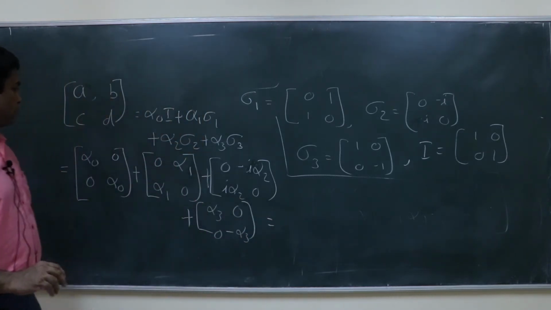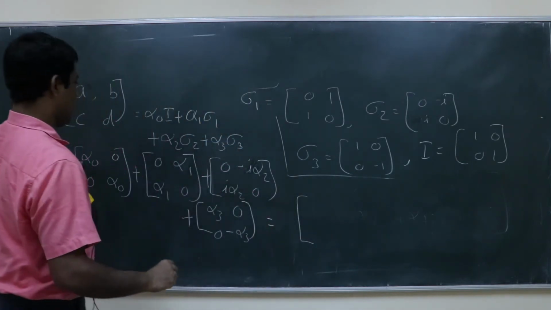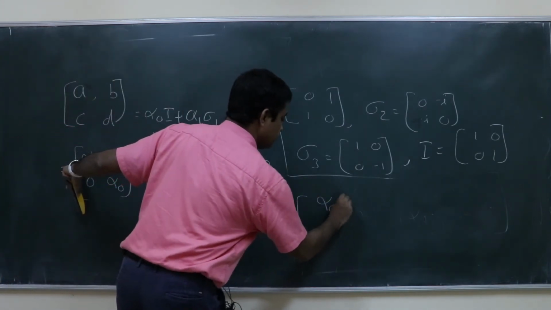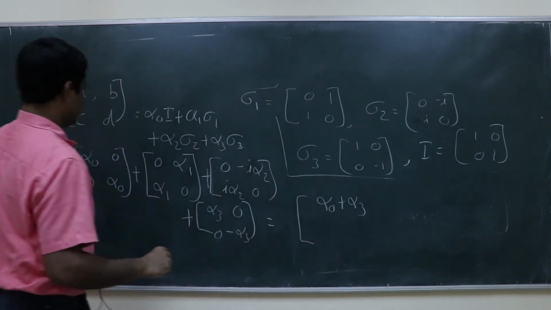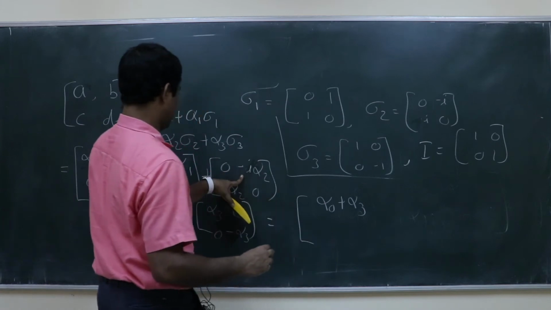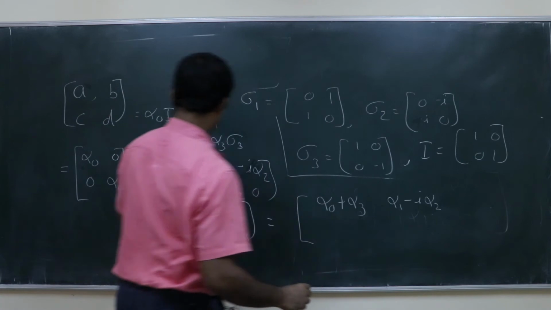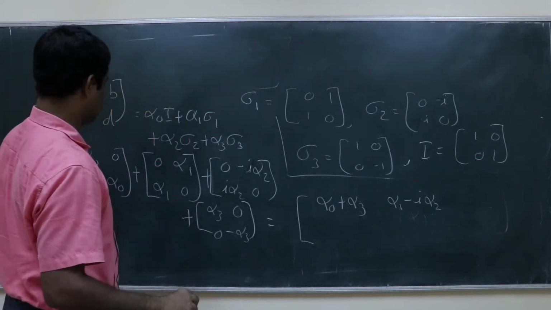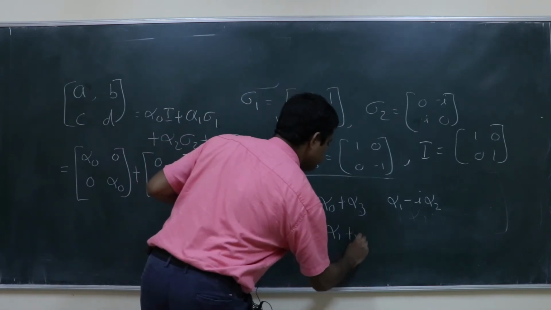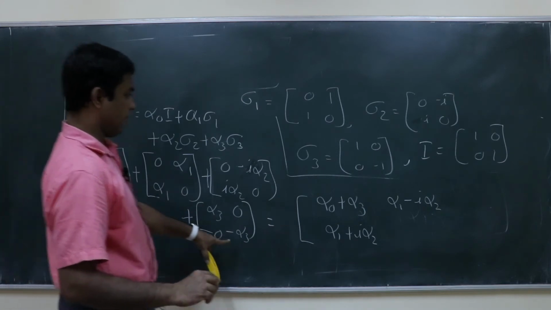If I add these 4 matrices, what do I get? I get alpha 0 plus alpha 3, then alpha 1 minus i alpha 2, then alpha 1 plus i alpha 2, then alpha 0 minus alpha 3.